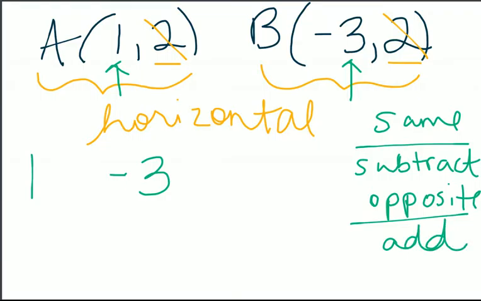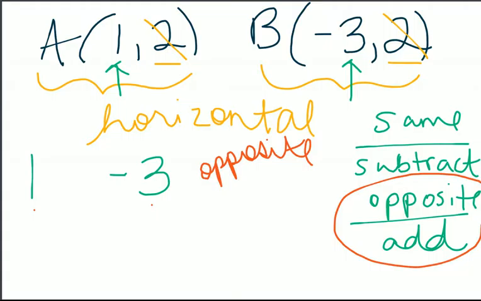Well, I can tell you right now that 1 and negative 3 are on opposite sides because 1 is positive and negative 3 is negative. So that tells me right now that they're on opposite sides of an axis. So I know I'm going to be adding. So I've got 1 plus negative 3.